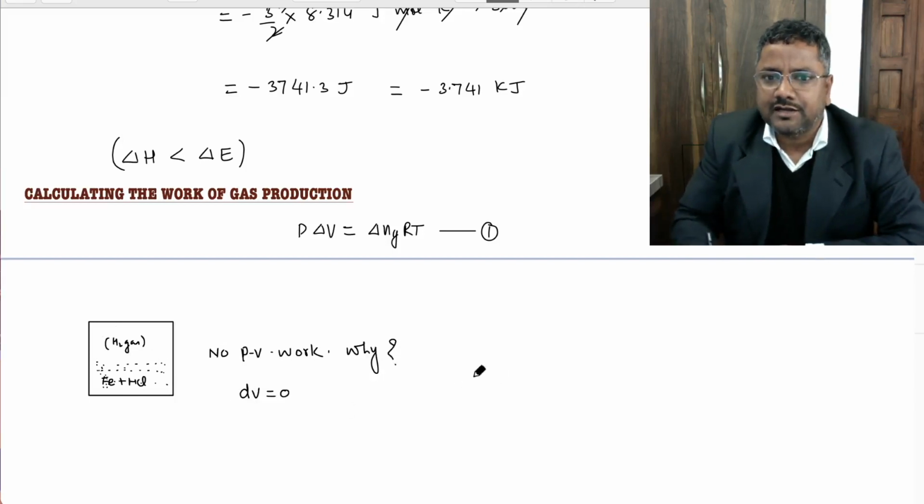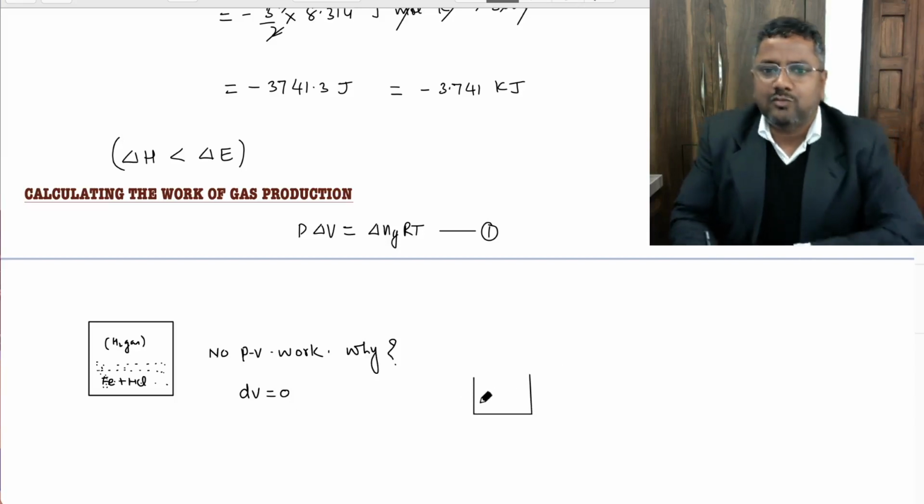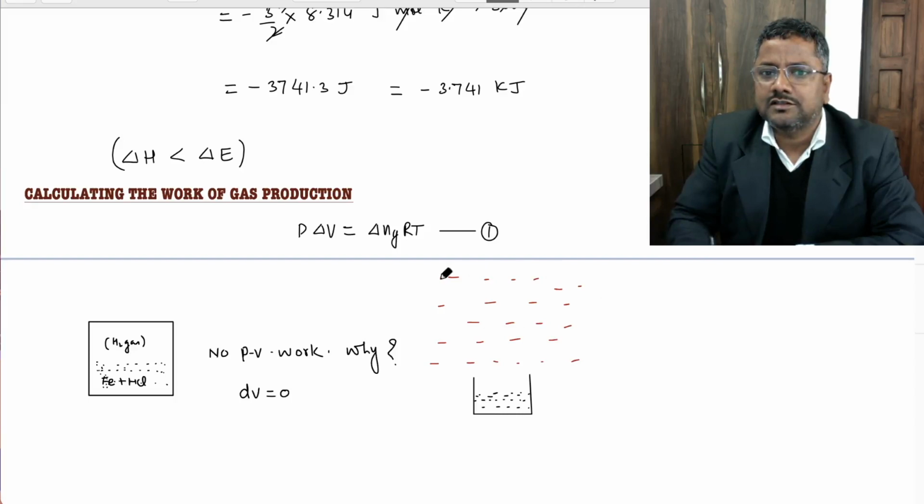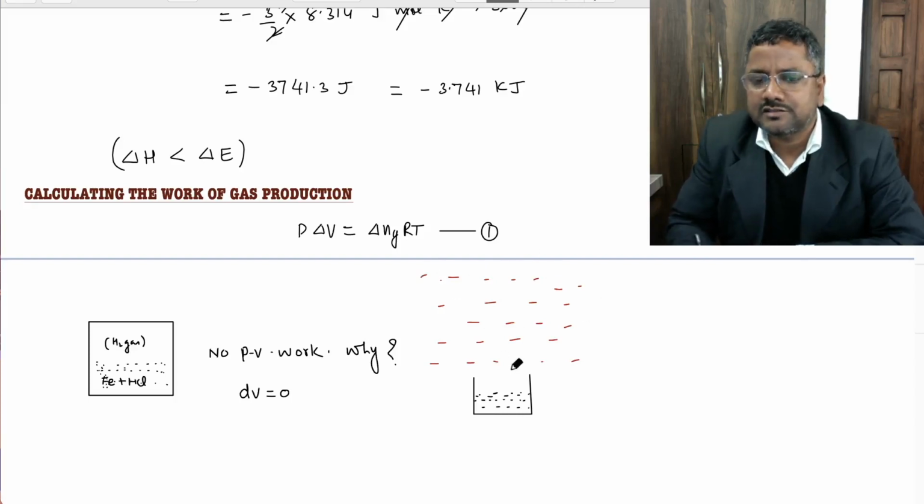But if we take open container, imagine open container. So in open container, when the same reaction we set up iron plus HCl, atmosphere is there, atmospheric pressure is there, you cannot replace this.